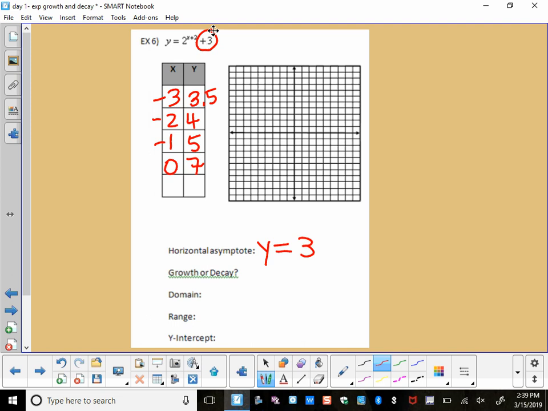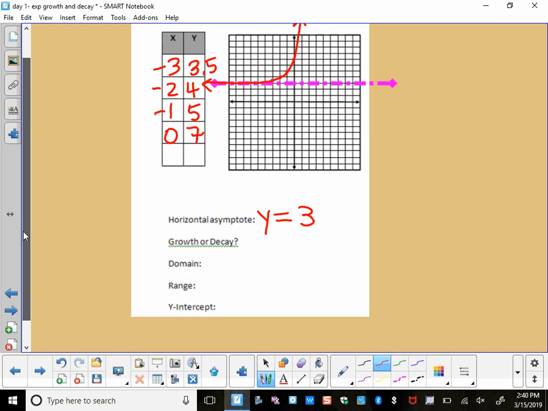And if I were you, I would go ahead and draw my horizontal asymptote at positive 3. All right, I'll plot my points.